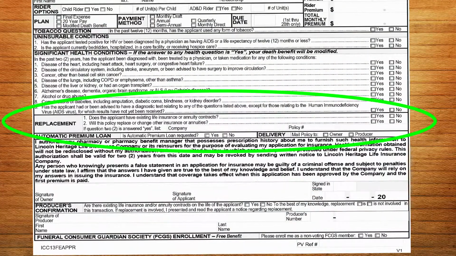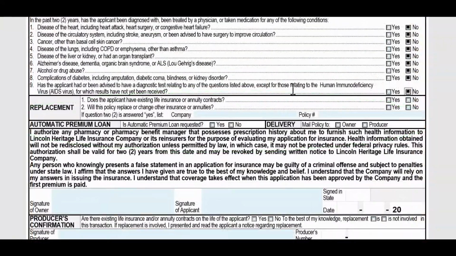In the next section, we have 2 questions regarding the replacement of an existing policy. If questions number 1 and 2 are answered affirmatively, the company's information and policy number must be completed. We remind you that if this happens, you must fill out the required replacement form, bearing in mind that a copy of this replacement form must be left for the client.